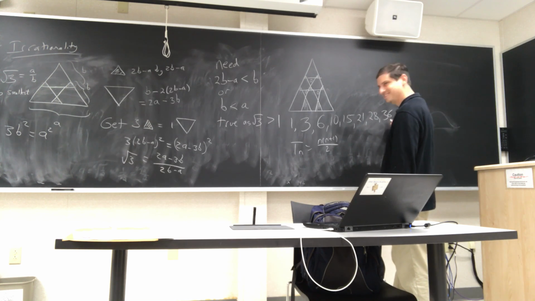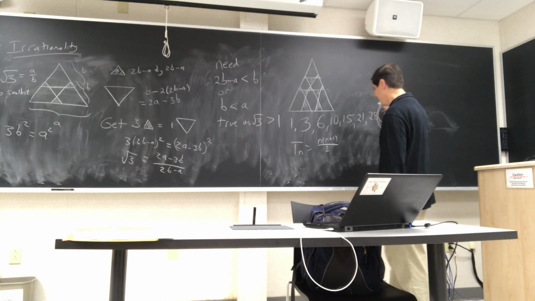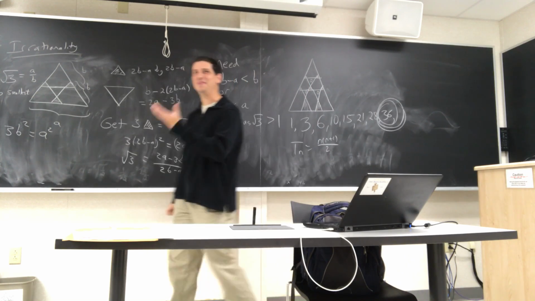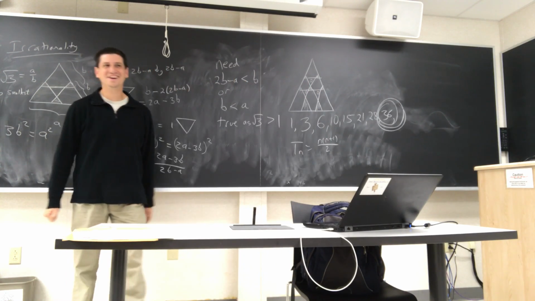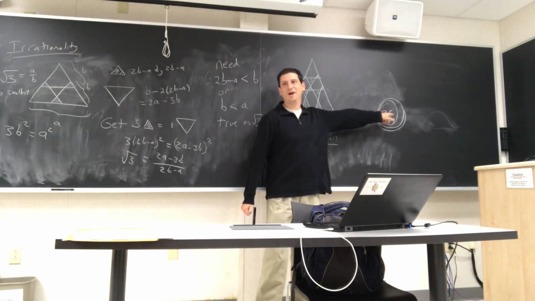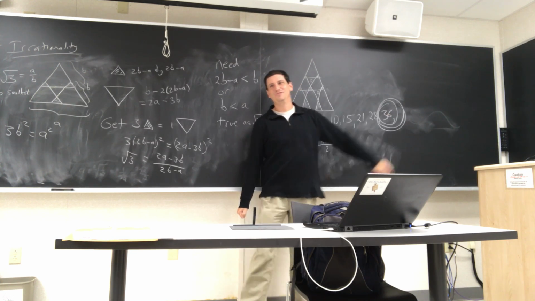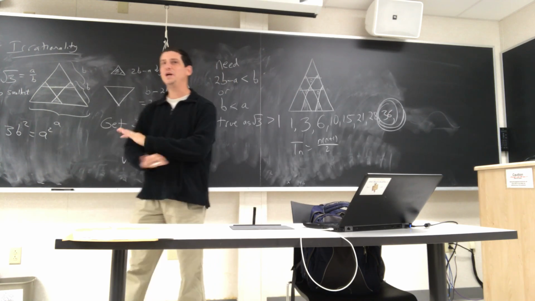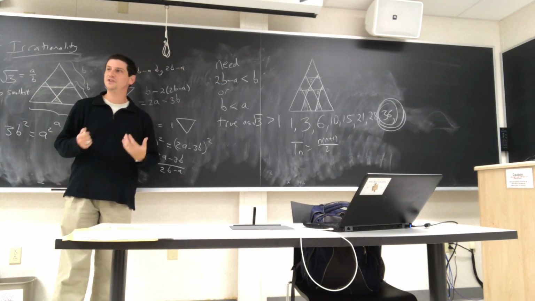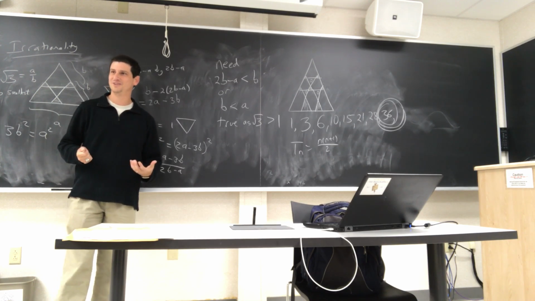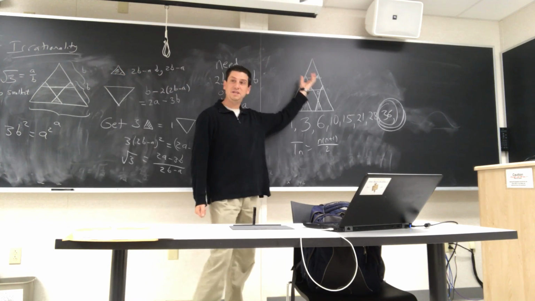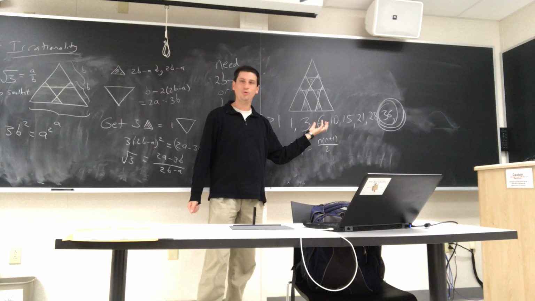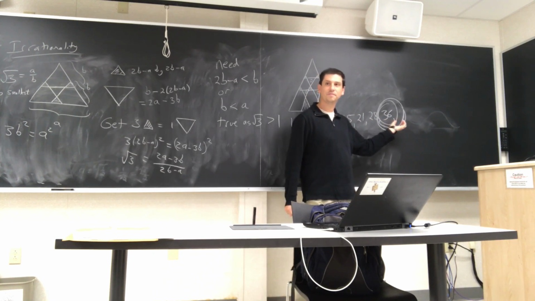And 36. Okay, let's stop at 36, okay? This is enough to show that it breaks. There is no way we should be able to show that the square root of 36 is irrational. So what this means is this method, which is working up to a certain point, must break down.